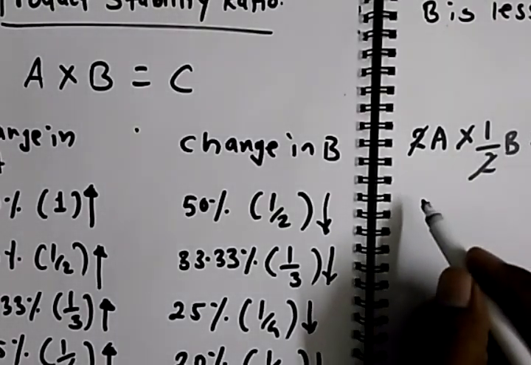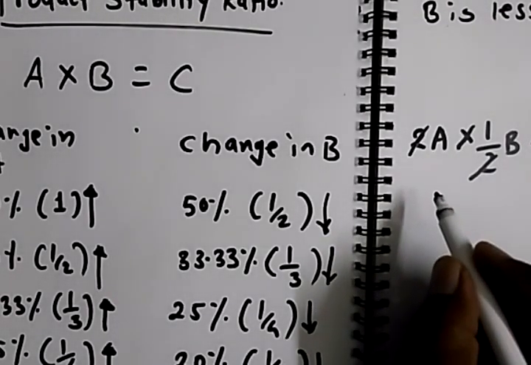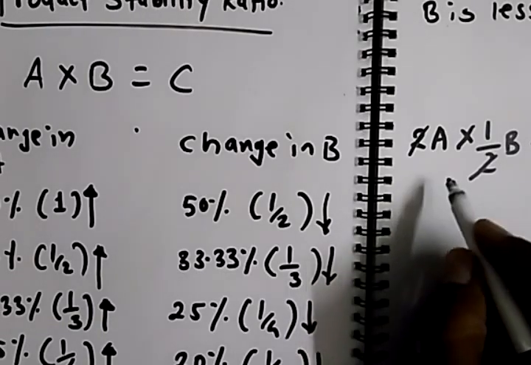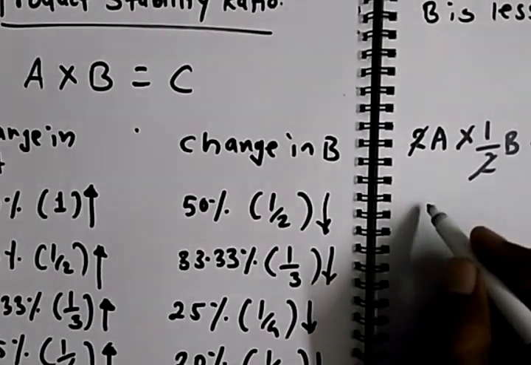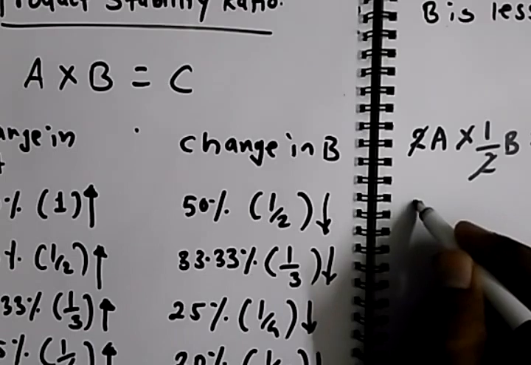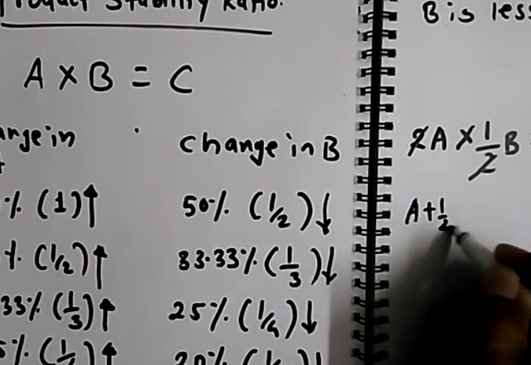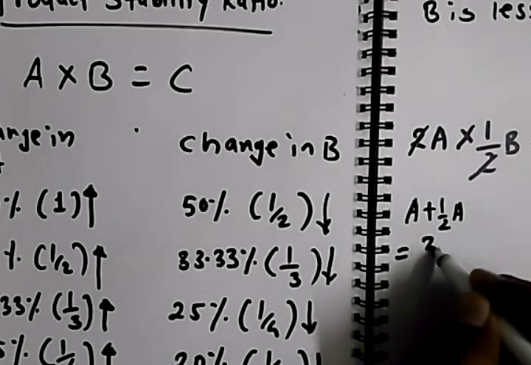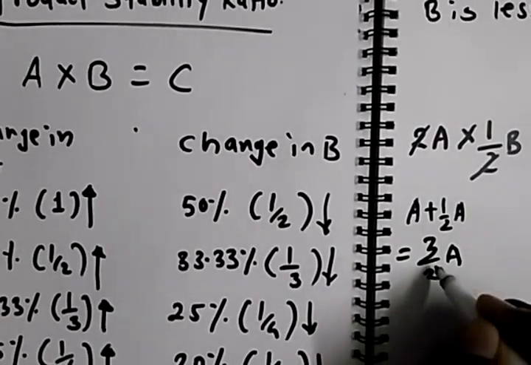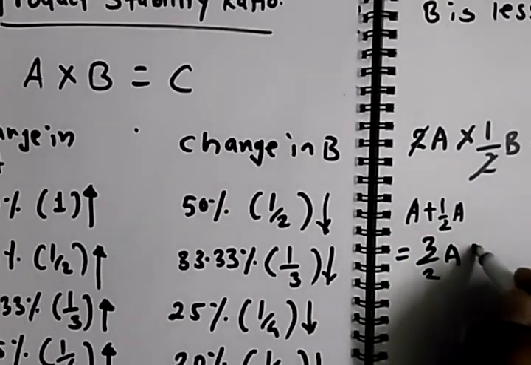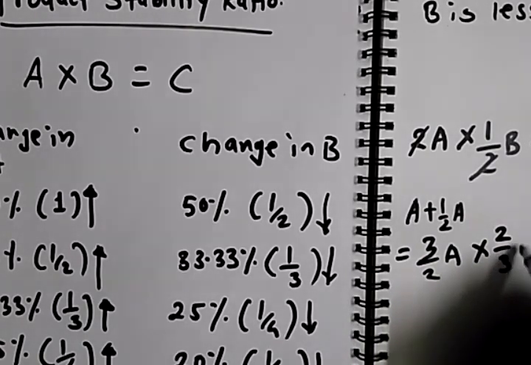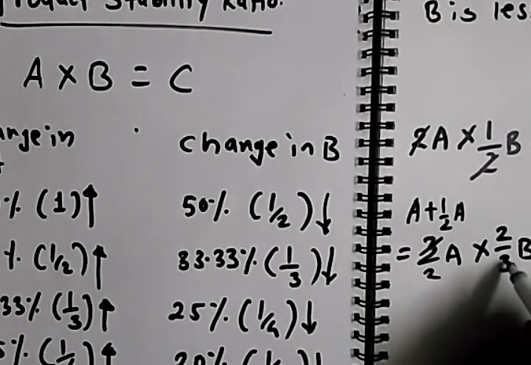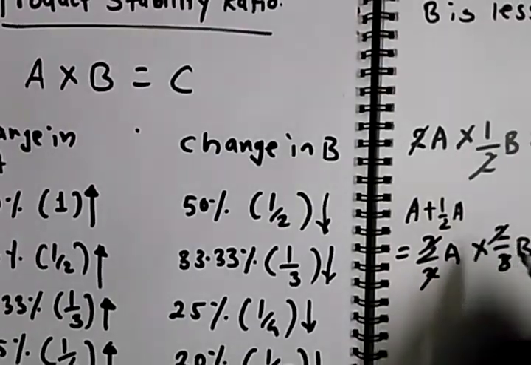Now if I increase my A by half, that means my A becomes A plus half A, which is equal to 3 by 2A. So if my A is becoming 3 by 2A, my B has to become 2 by 3B, so that this 3 will cancel this 3 and this 2 will cancel this 2.